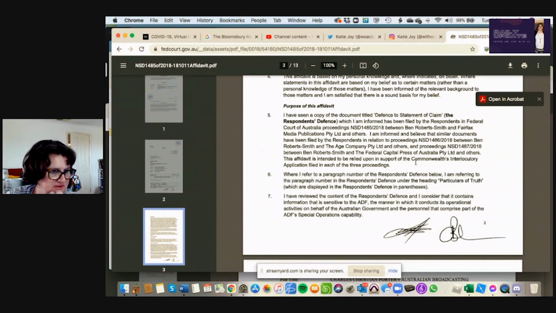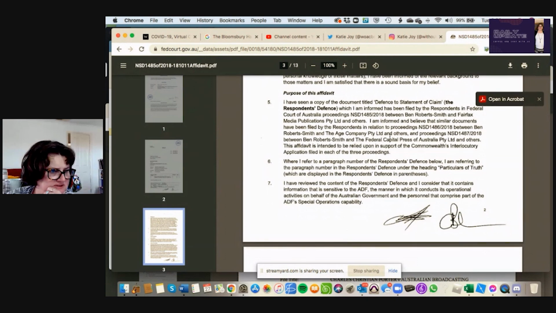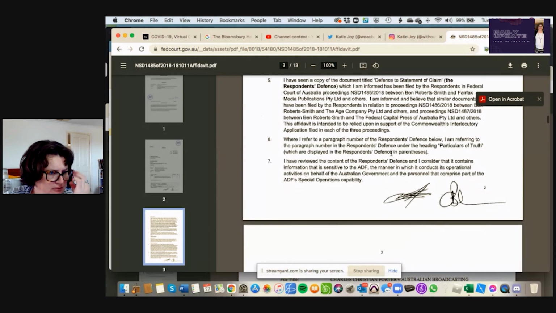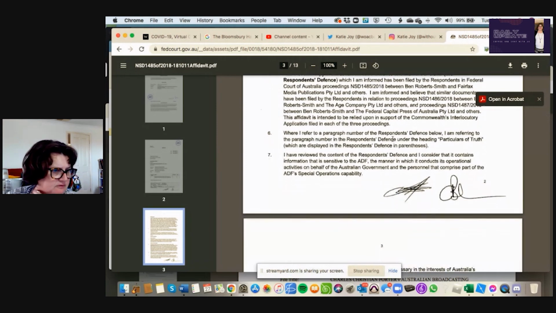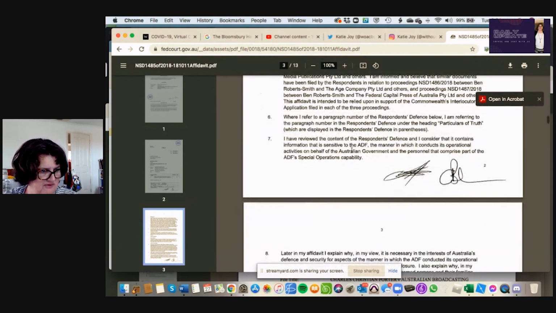I'm informed and I believe that similar documents have been filed by respondents in relation to proceedings between, so you've got the Age and the Federal Capital Press of Australia and others. This affidavit is intended to be relied upon in support of the Commonwealth's interlocutory application filed in each of the three proceedings. Where I refer to a paragraph number of the respondent's defence below, I'm referring to the paragraph number in the respondent's defence under the heading Particulars of Truth, which are displayed in the respondent's defence in parenthesis.